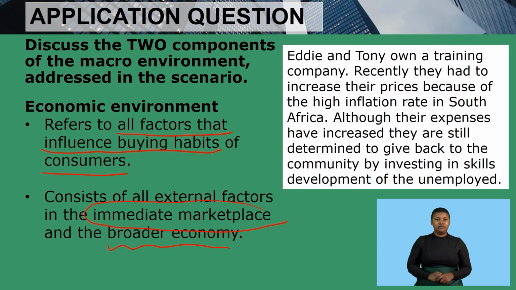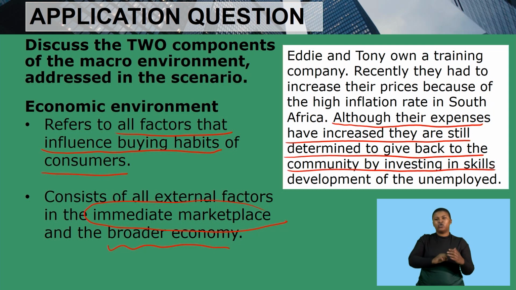Then when we continue to look at this scenario, we will see it continues by stating, although their expenses have increased, they are still determined to give back to the community by investing in skills development of the unemployed.